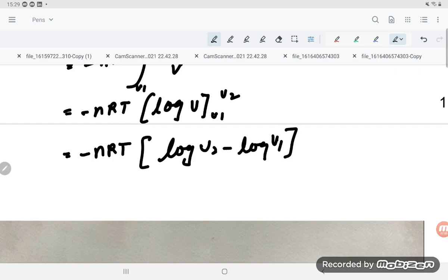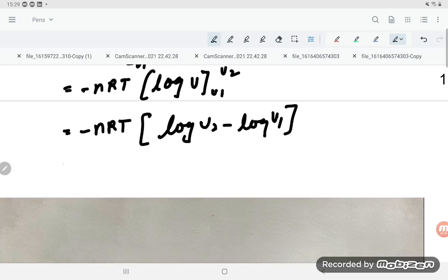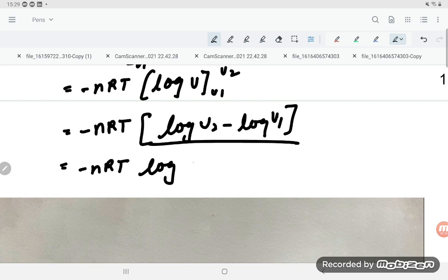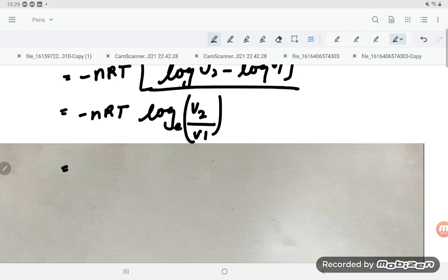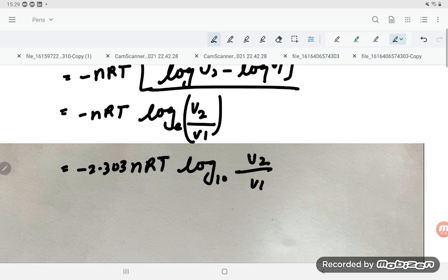With the minus sign, minus nRT, and log A by B can be written as log A minus log B, so log V2 upon V1. Log base e you convert into log base 10, so minus 2.303 nRT log base 10 V2 upon V1.